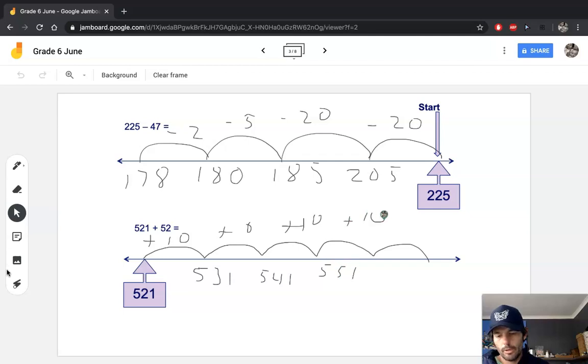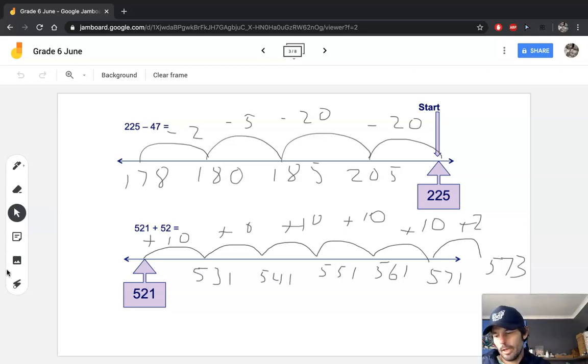Another 10 to 561, and another 10 to 571. Okay, and then we just need to jump 2 places, and that's going to give us 573.